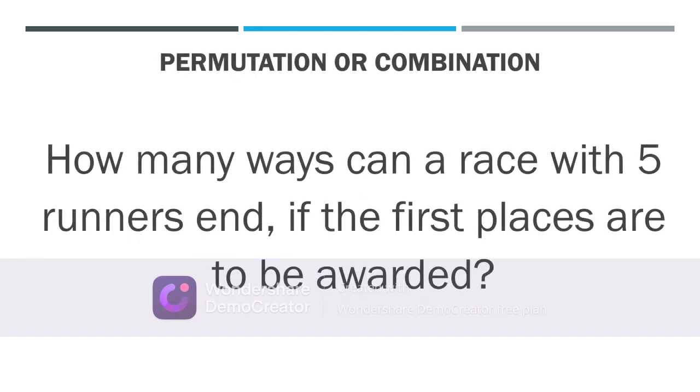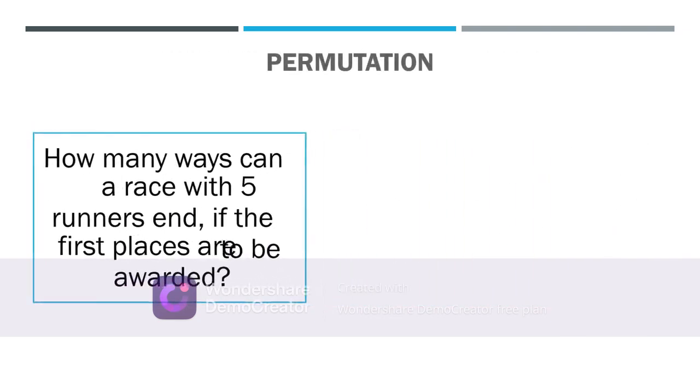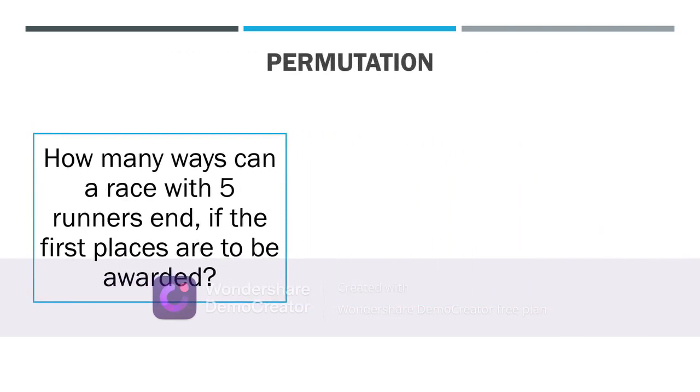How many ways can a race with 5 runners end if the first 3 places are to be awarded? This is a type of permutation. The order in which the runners finish matters because different rankings, kung sino man yung first, second, third, make different outcomes.